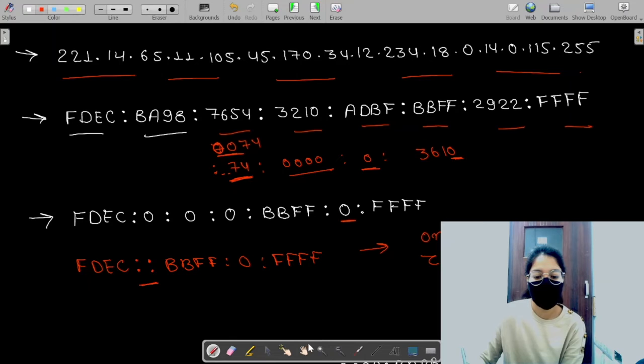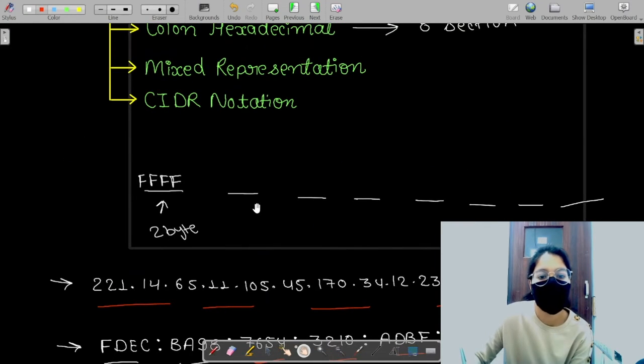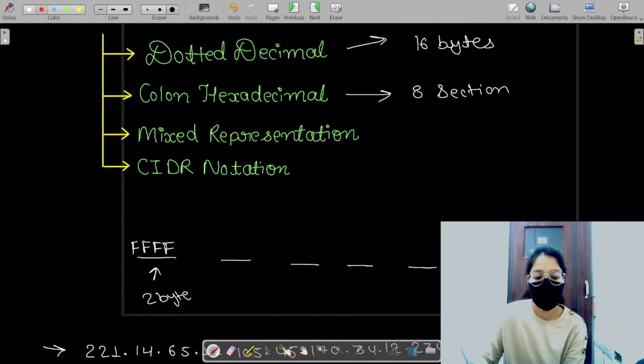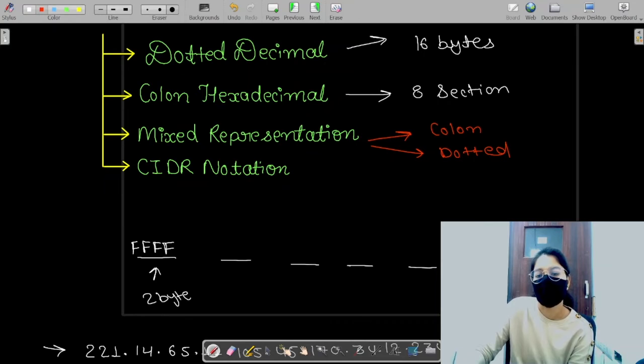Okay, now we will move on to our next notation. The next notation is mixed representation. Mixed representation means we have two notations and we are mixing them. The first notation is colon hexadecimal. The second is dotted decimal notation.